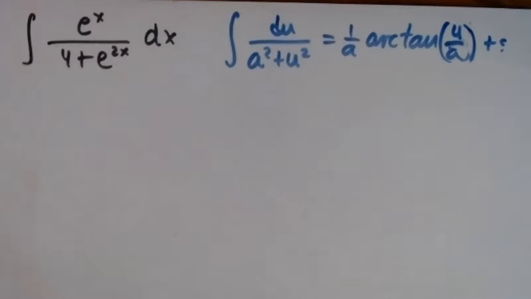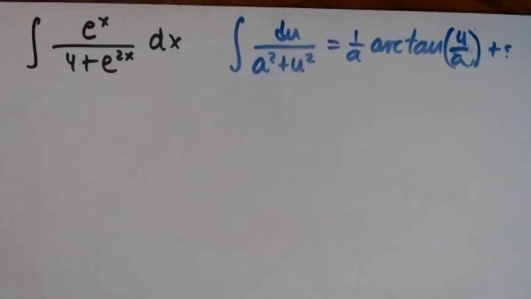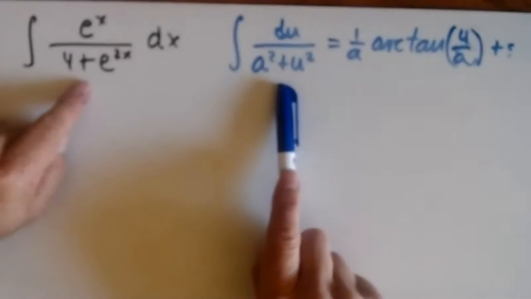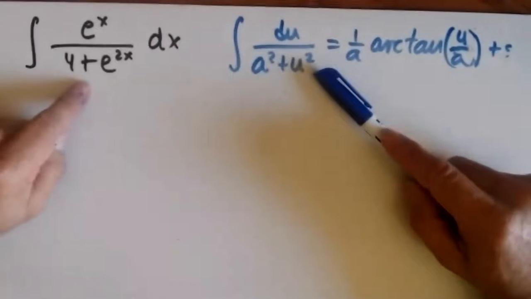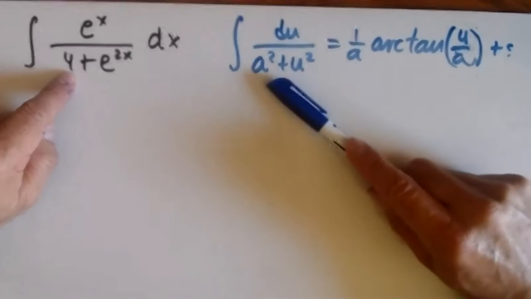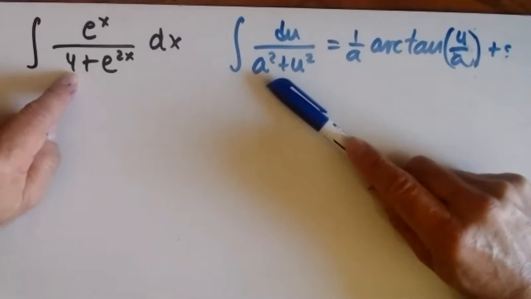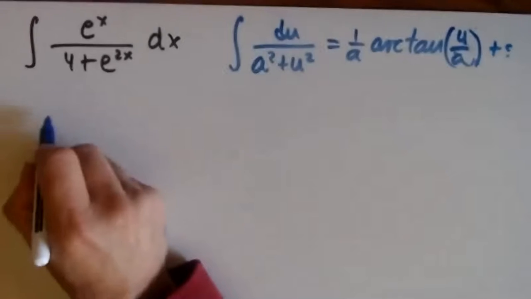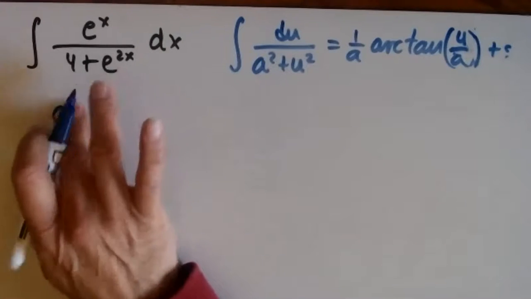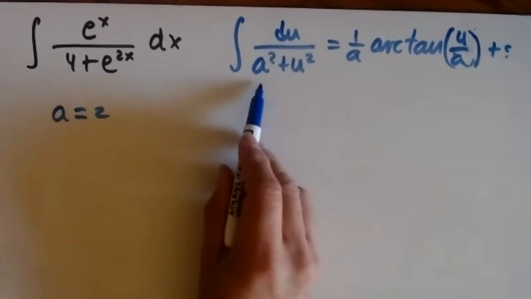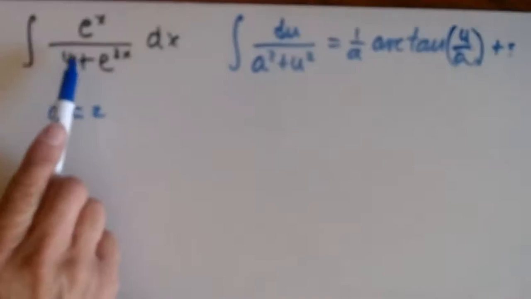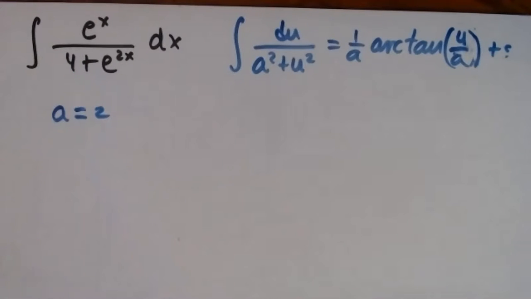Well, let's see. How can we match this one? Okay. This is a plus, so it seems that I'm going to match these two. So 4 is a squared. That's not a problem. So a equals 2, right? A equals 2 because 2 squared is 4.